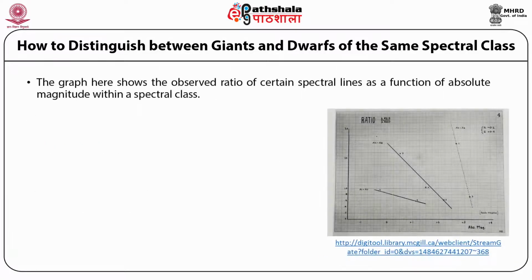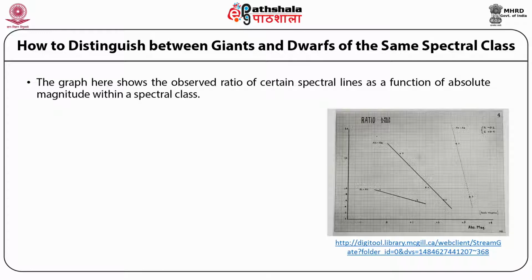The graph here shows the observed ratio of certain spectral lines as a function of absolute magnitude within a spectral class. The image here is a page from the report deposited in McGill University by Vibgor Dollas entitled Spectroscopic Absolute Magnitudes and Parallaxes of 200 A-type Stars.